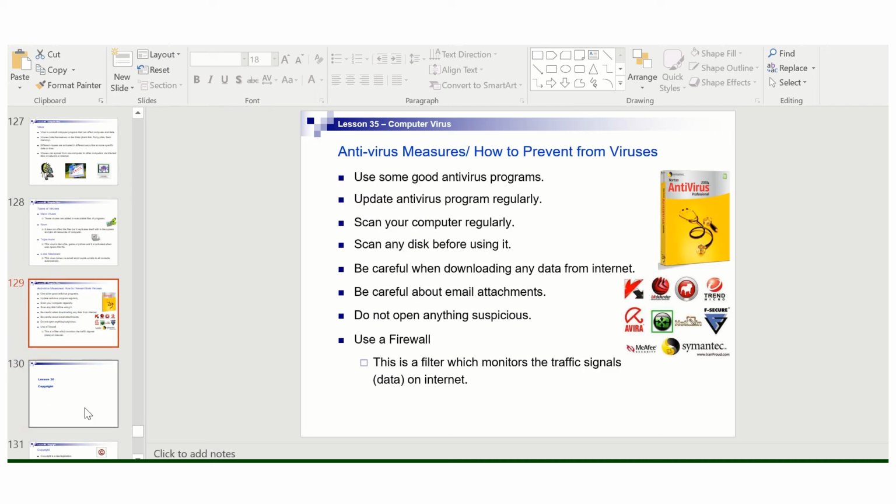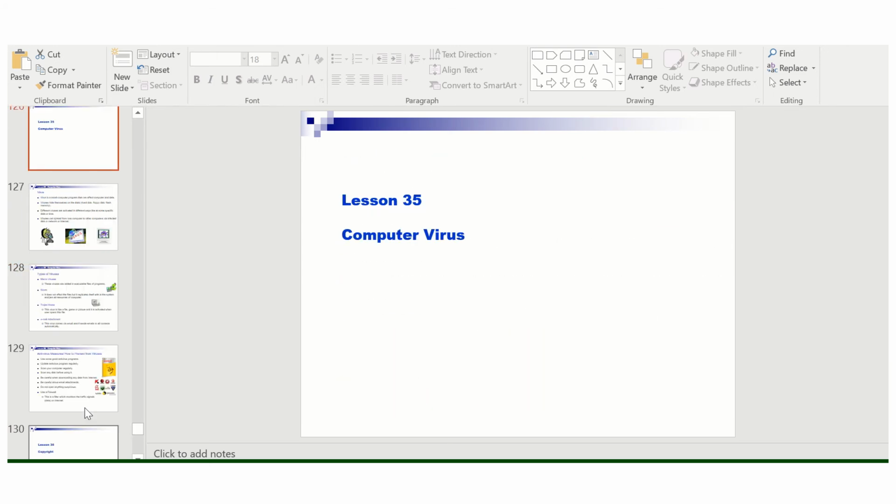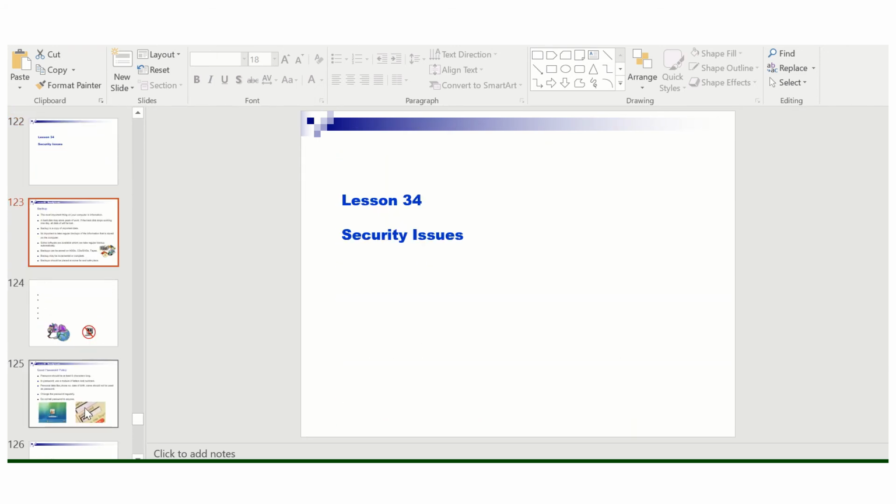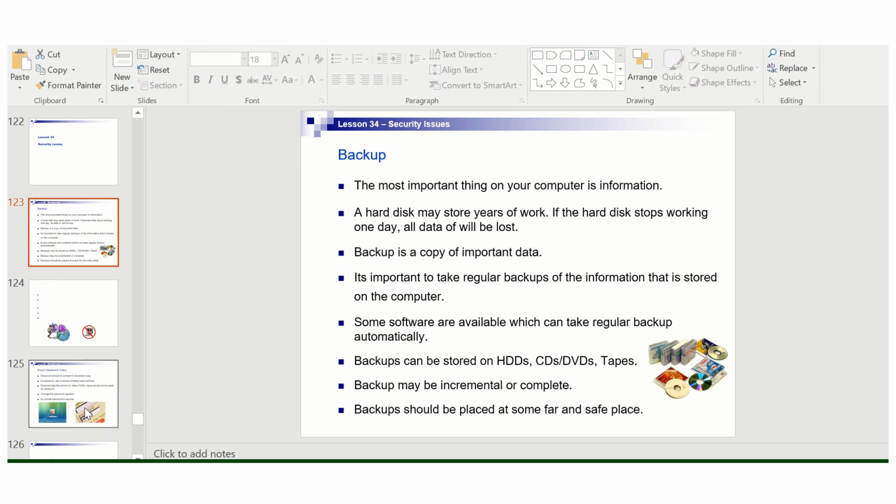Okay. I think also just in the security aspect, I jumped this part on backup. So that's the other aspect that you need to talk about.